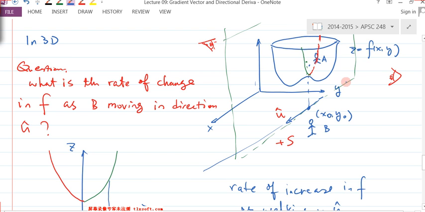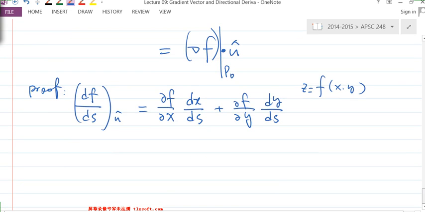The straight line goes through this point, and the straight line is parallel to this u hat. So would you be able to get the trajectory of the walking, or the parametric equation for this straight line? What is the line equation for the stickman B?